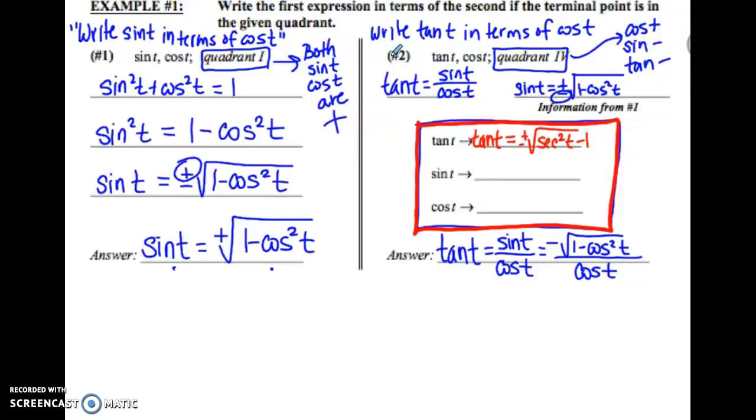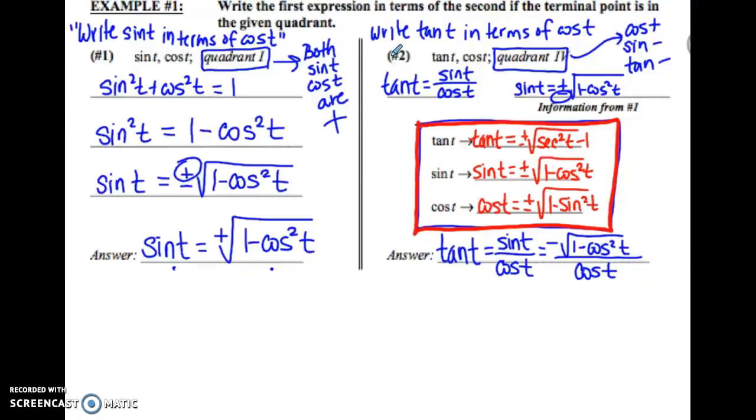Sine t can be written as plus or minus the square root of 1 minus cosine squared t, and cosine t can be written as plus or minus the square root of 1 minus sine squared t.